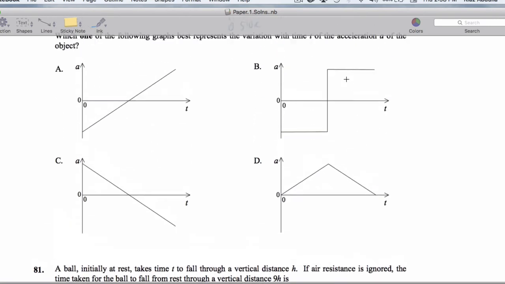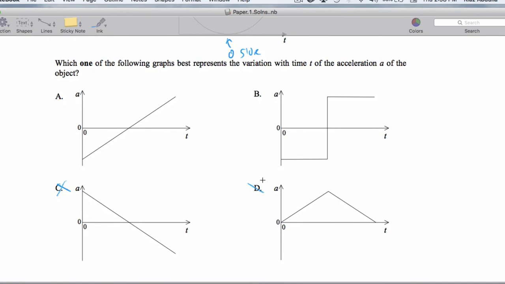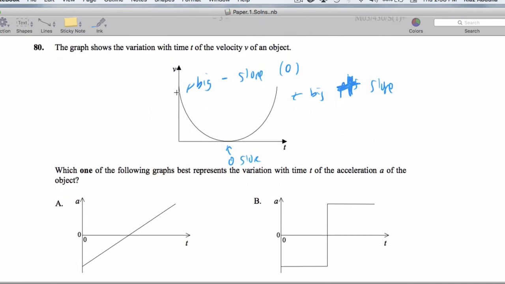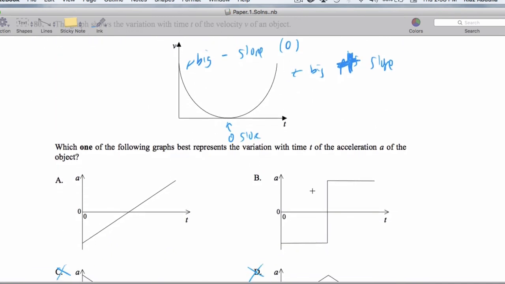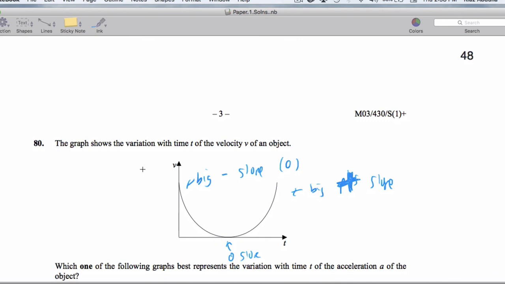So that rules out choice B. I need 0 slope somewhere, so that rules out choice D. And it needs to continuously change. It's not just an abrupt thing that changes because it levels off. That leaves us choice A. All right, that is questions 71 through 80.